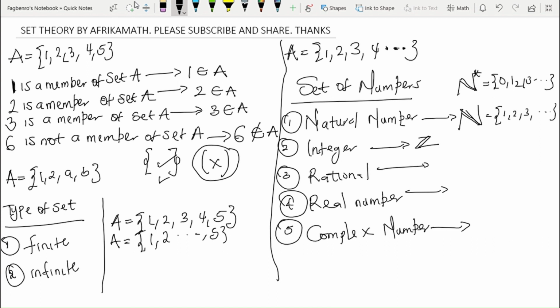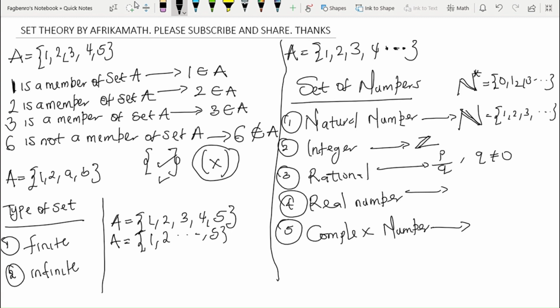Okay, now rational. A rational number is any number in the form of p over q, where q must not be equal to 0. That is, any fraction is a member of rational numbers.